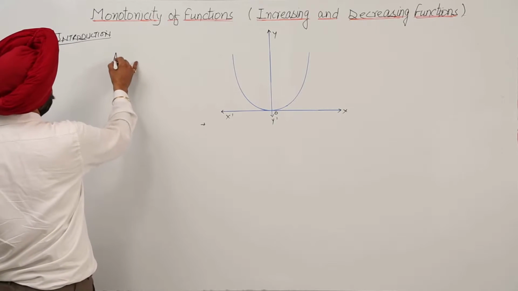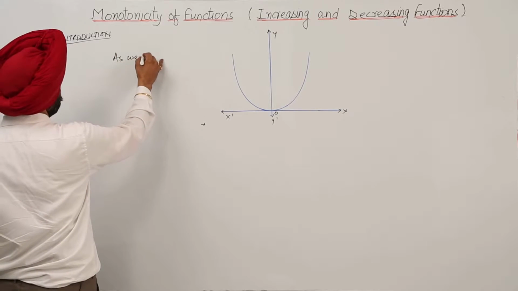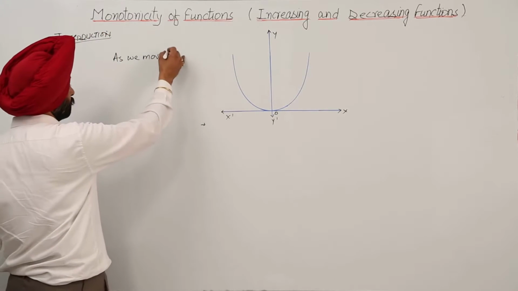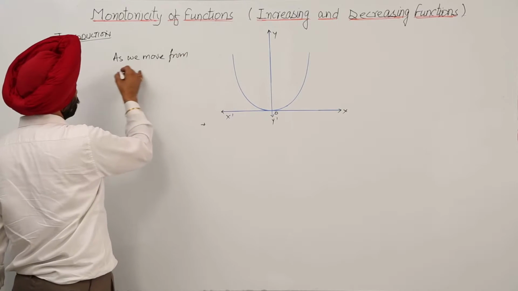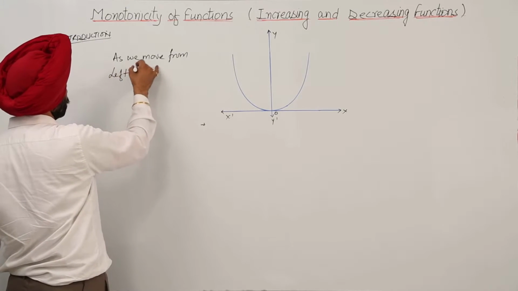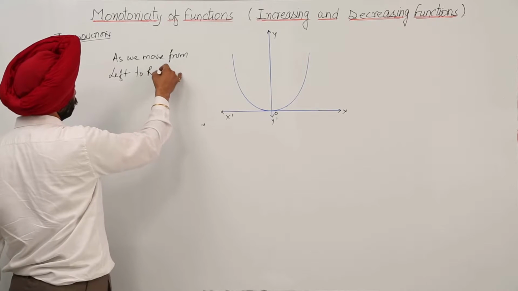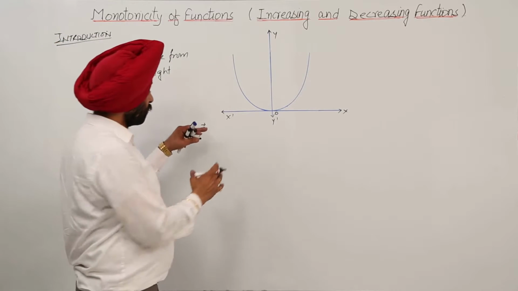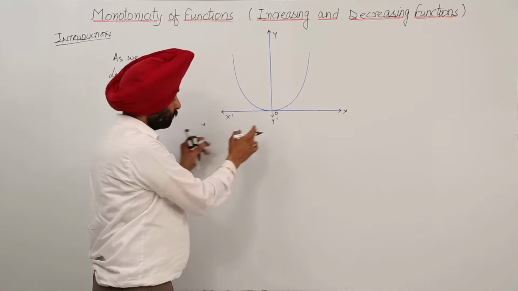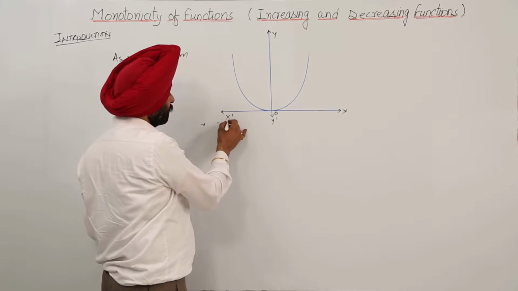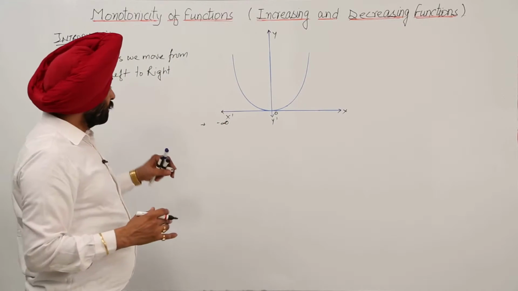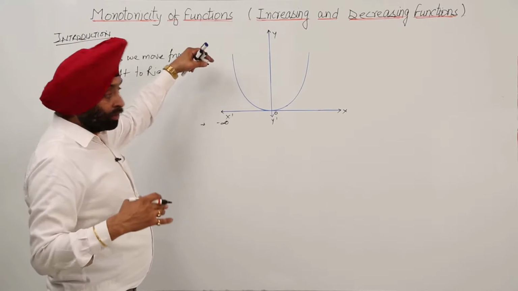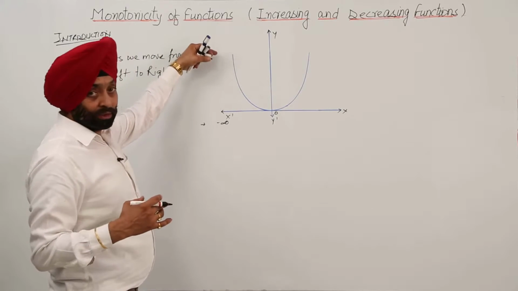As we move from left to right, from negative infinity towards the origin, what will be the estimated fall or rise in the graph?